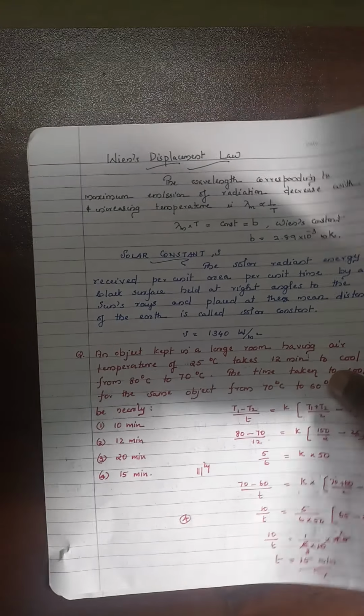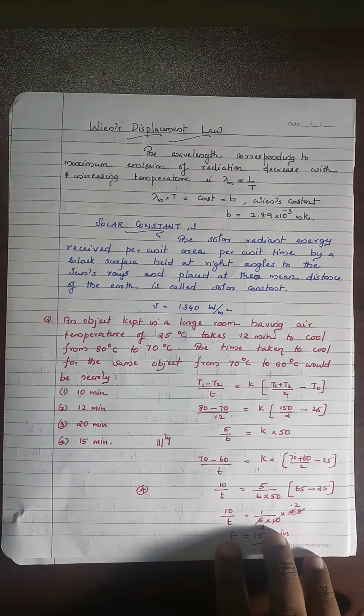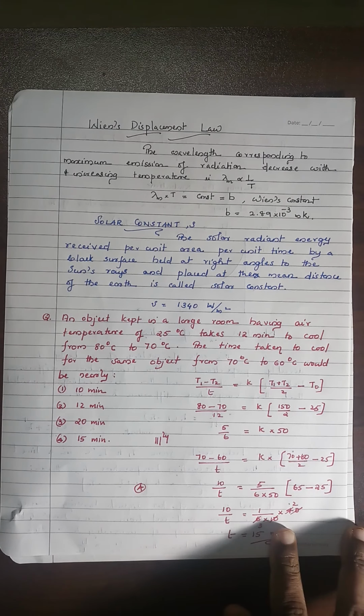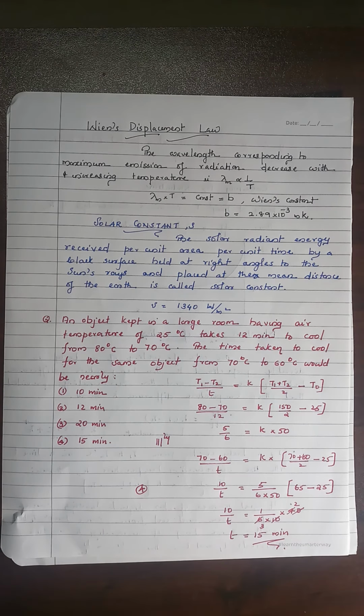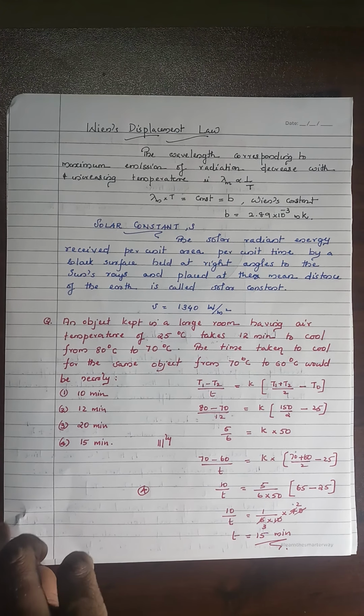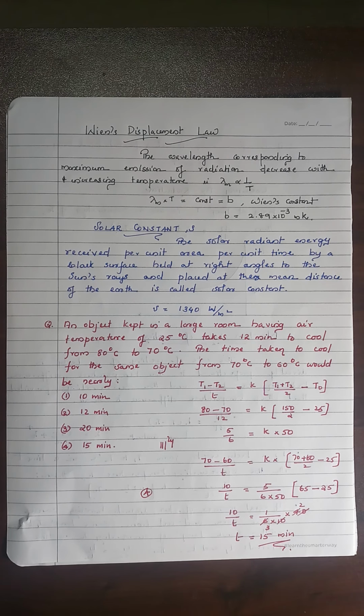See, the very important next concept, Wien's displacement law. The wavelength corresponding to the maximum emission of radiation decreases with increasing temperature. That means lambda m is proportional to 1 by T. So lambda m into T is a constant. That is called Wien's constant, and its value is 2.89 into 10 raised to minus 3 meter Kelvin.